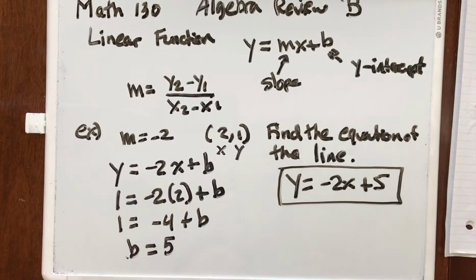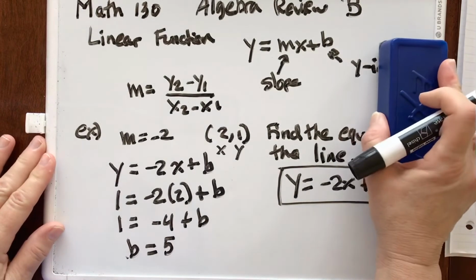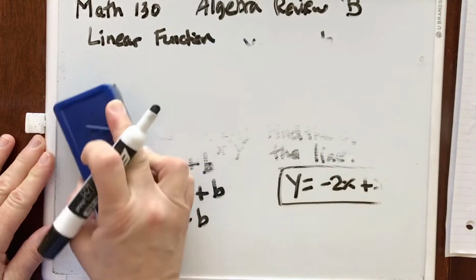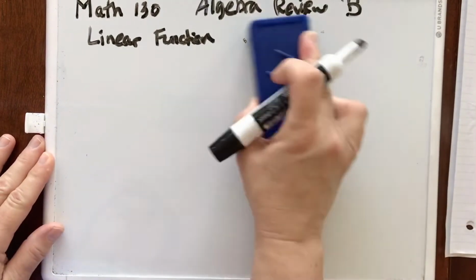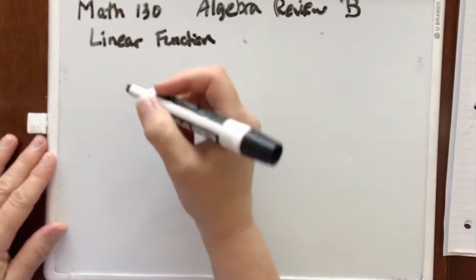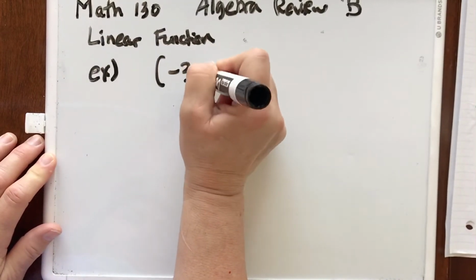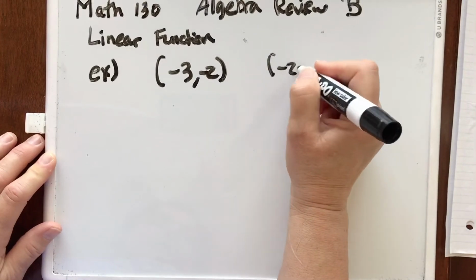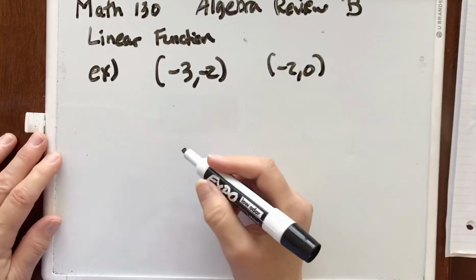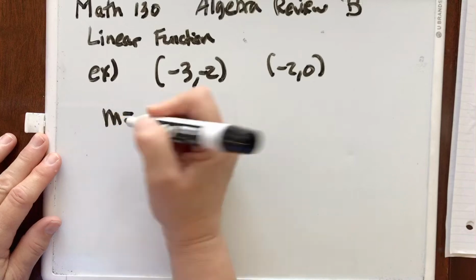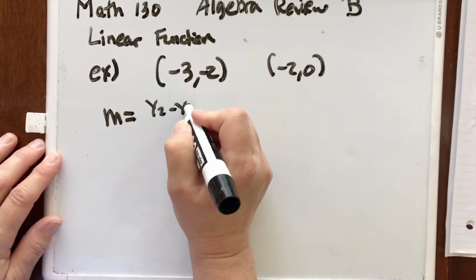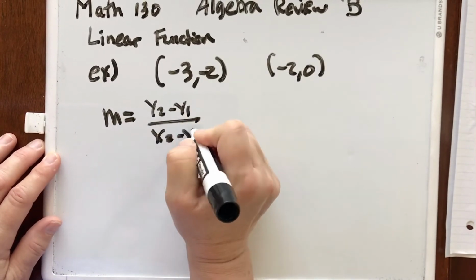All right, very good. Now we're going to look at 2 points and find the slope. Again, something you've been doing for a while, but just to review. Here's an example. We have 2 points, (-3, -2) and (-2, 0). We look at m equals y2 minus y1 over x2 minus x1.